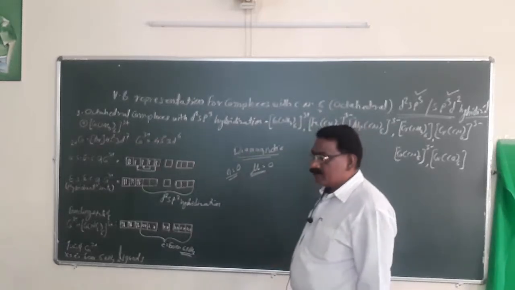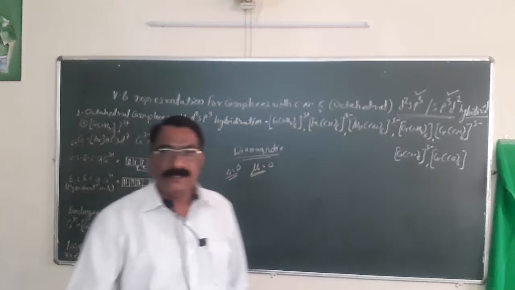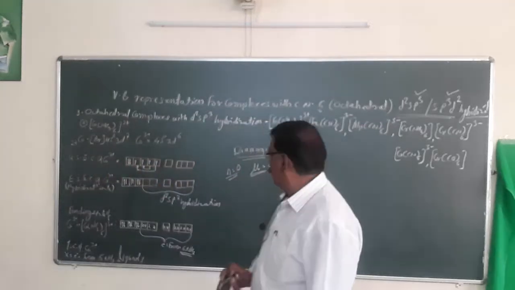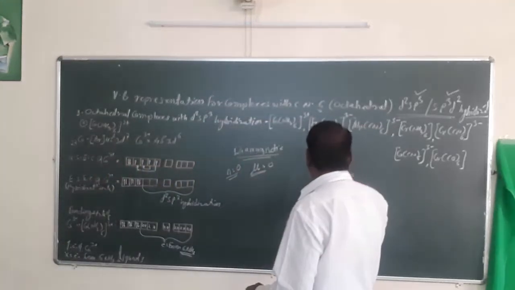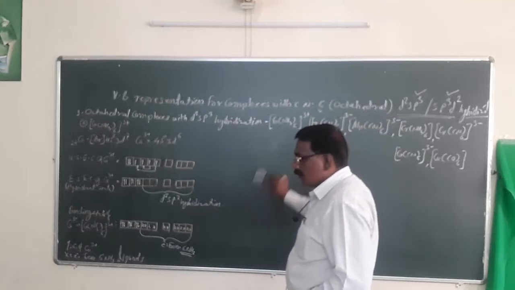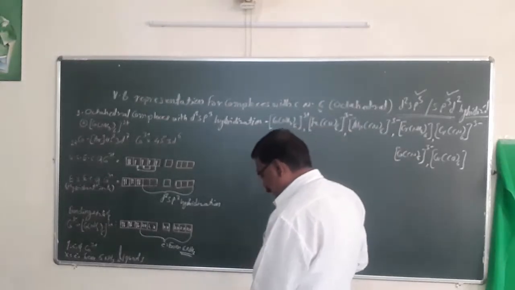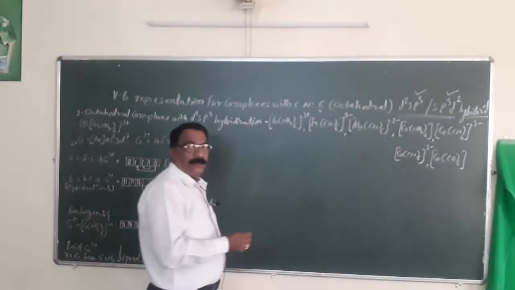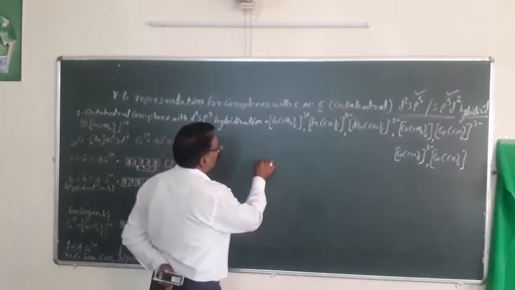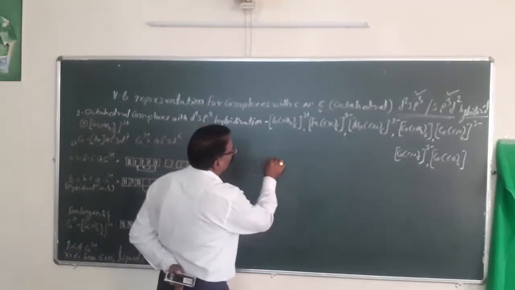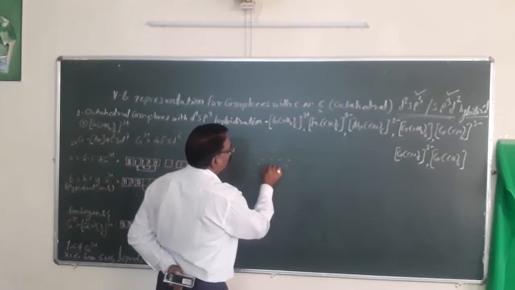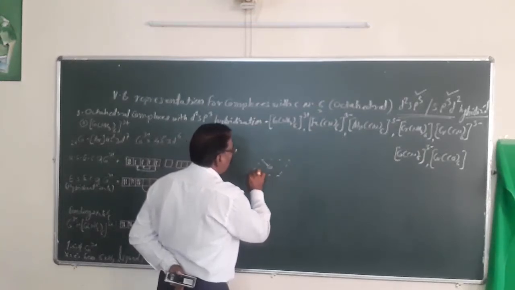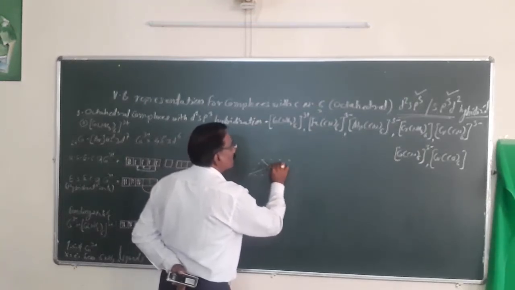When we look at the geometry of this complex, it is octahedral geometry. 4 ligands and the metal atom are in the same plane.